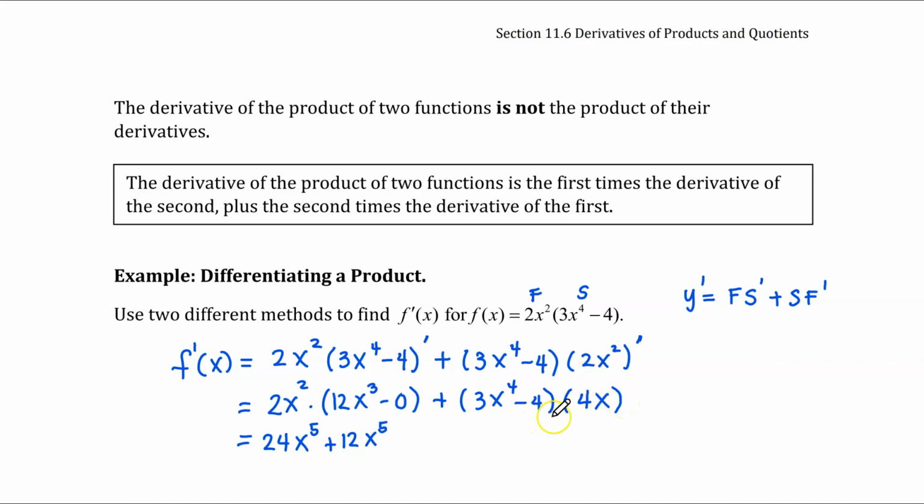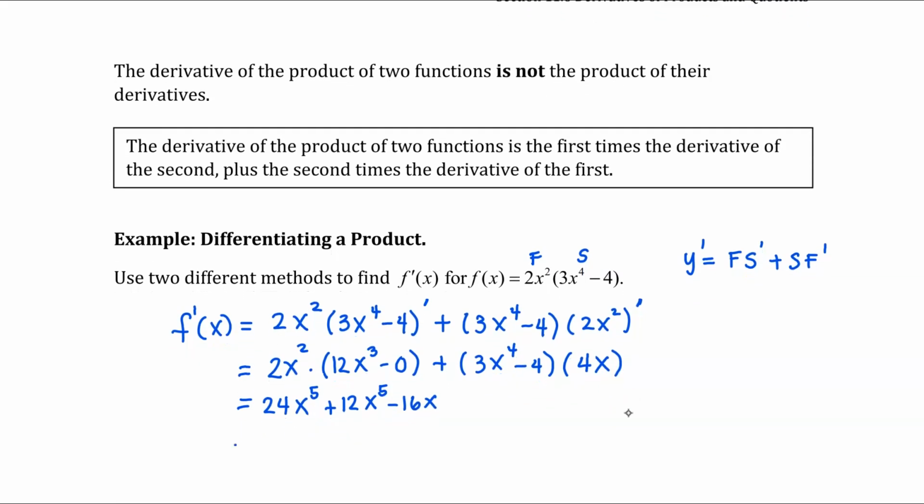And then negative 4 times 4x is negative 16x. Then you combine similar terms. So 24x to the fifth plus 12x to the fifth gives you 36x to the fifth minus 16x. When doing your homework, it is sufficient to input this expression as your answer in MyMathLab. You don't need to write it in its simplest form.